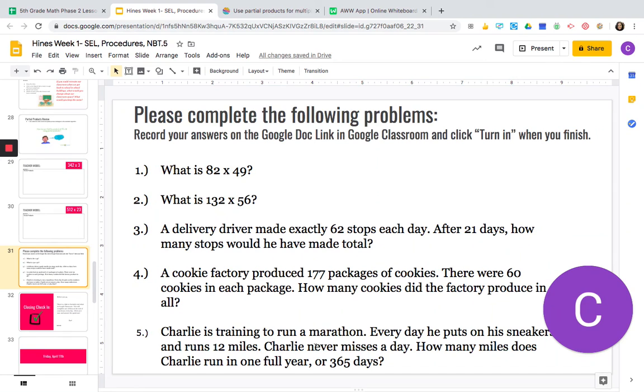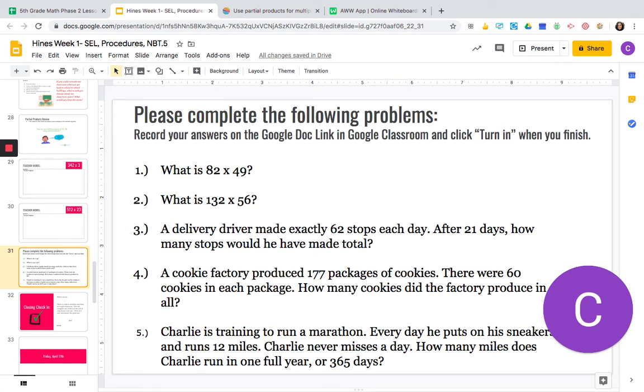So for the first 2 problems, all you're doing is you're just solving 82 times 49 and 132 times 56. And then for those last 3 problems, those are word problems. So you're going to read those and then figure out what operation you need to do to solve them and solve them. And then you are going to type your answers into the Google Doc.